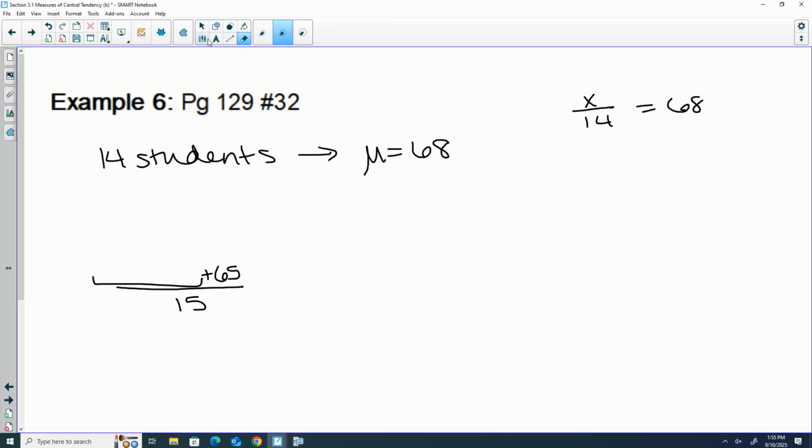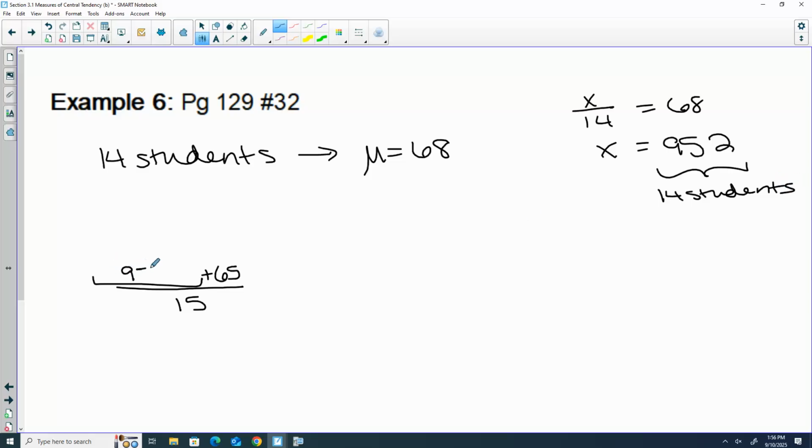So if we just take 68 times 14, so this is the height of the first 14 students. So to get my new average, you got it? So 952 plus 65 divided by 15, and we get 67.8 inches.